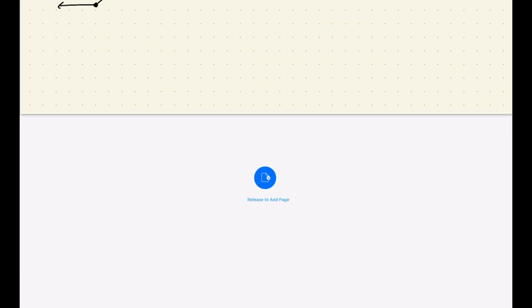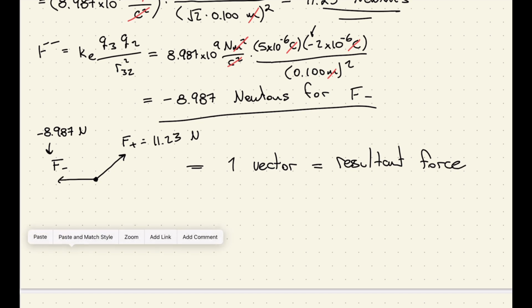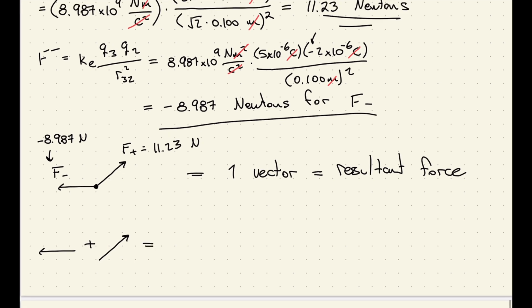Okay, so what we're going to do here, y'all, is break apart this vector into components and add those components up to find one vector that will equal the resultant force. If you just look at these two vectors, what we want to do is add them up. So I'm going to copy them here and paste them here. Let's say we want to add them up. I'm going to separate them like this. We want to do this plus this equals.